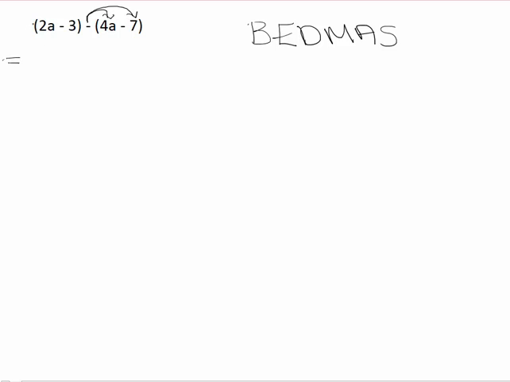We can simply remove these brackets because essentially there is a positive in front of this set of brackets. So 2a minus 3, and then minus times a positive, again, is a negative, and a minus times this minus is going to be a positive, so we'll have plus 7. So we've gotten rid of our brackets.